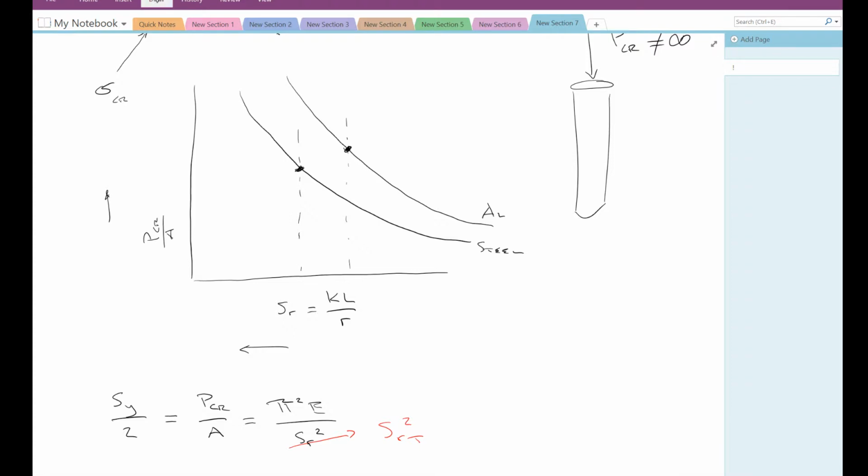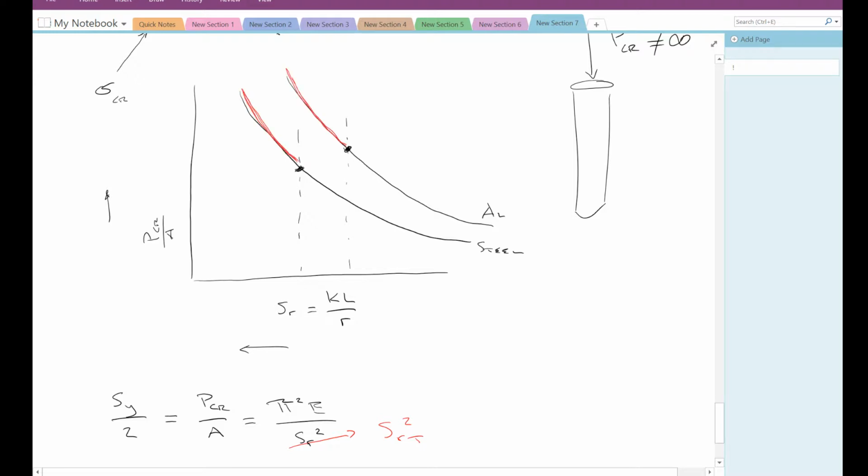Now, if I change colors to red, we can highlight the impossible portions. Well, maybe not impossible, but the incorrect portions of this graph here.